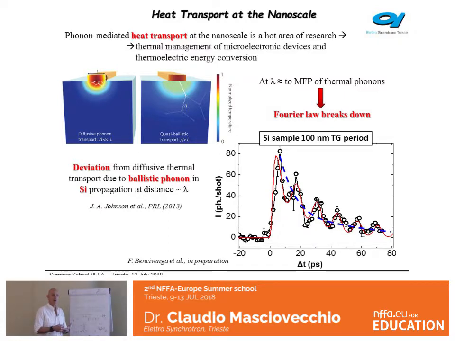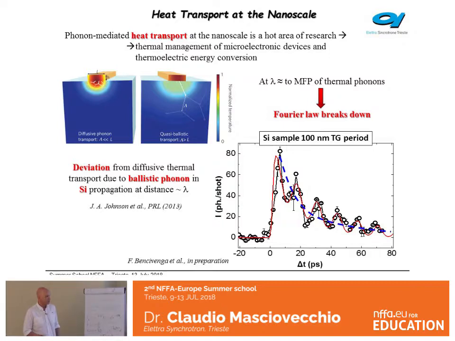Actually, this decay here is due to the thermal transport due to the phonons. So with this kind of technique, you can measure how the conductivity behaves at the nanoscale, because you can measure how the heat is transferred in your sample. And I think this is of fundamental importance for all these microelectronic device industries, okay? So you can measure thermal conductivity at the nanoscale. This is kind of unique.